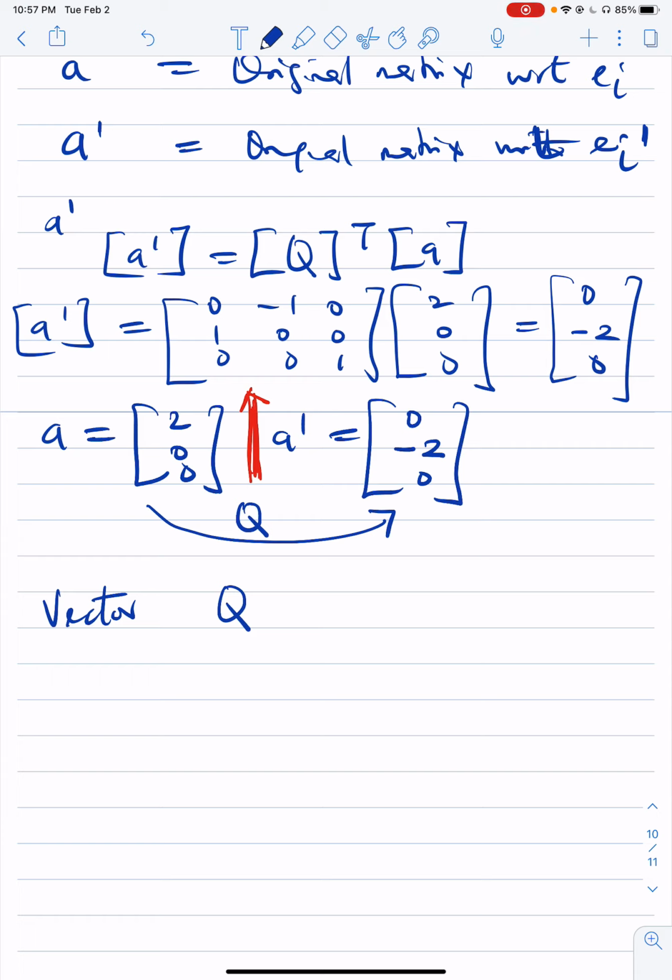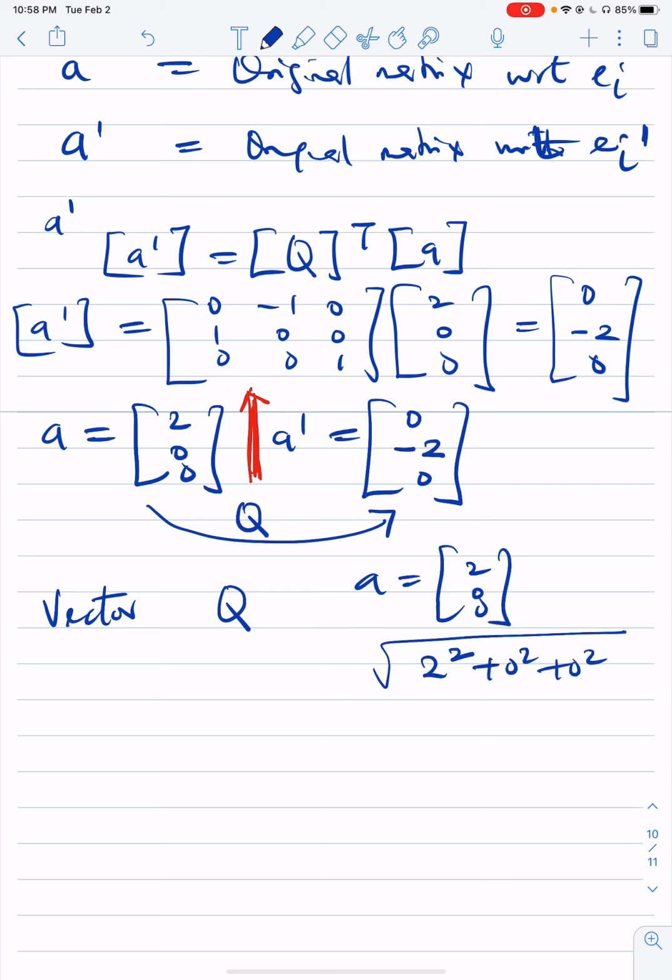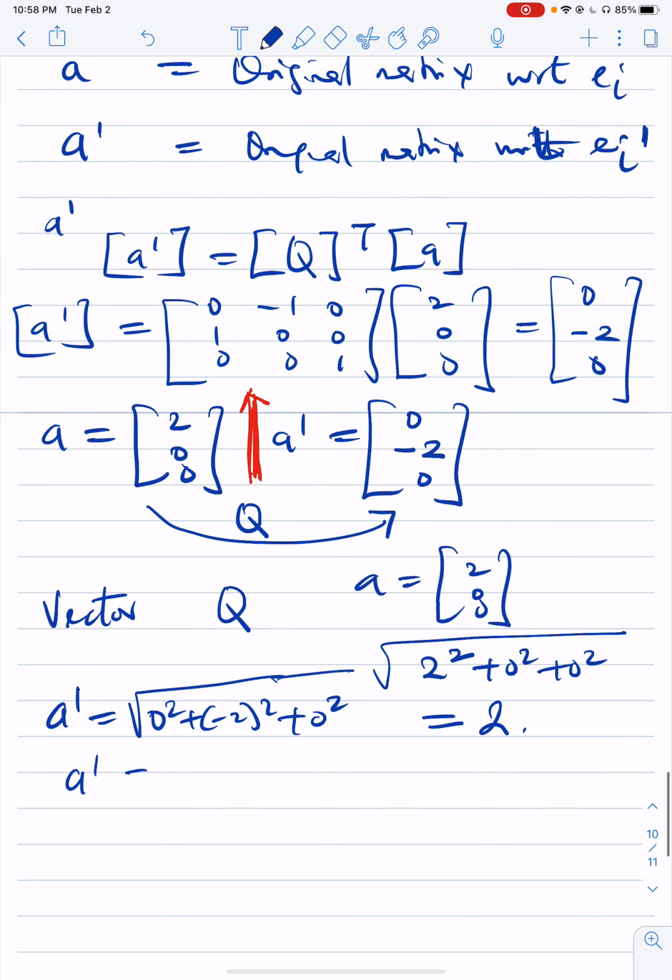If you look at A, 2, 0, 0, and you say 2 squared plus 0 squared plus 0 squared and find the square root, you'll be getting 2. If you do that for A prime, 0 squared plus minus 2 squared plus 0 squared, A prime will still give you 2.